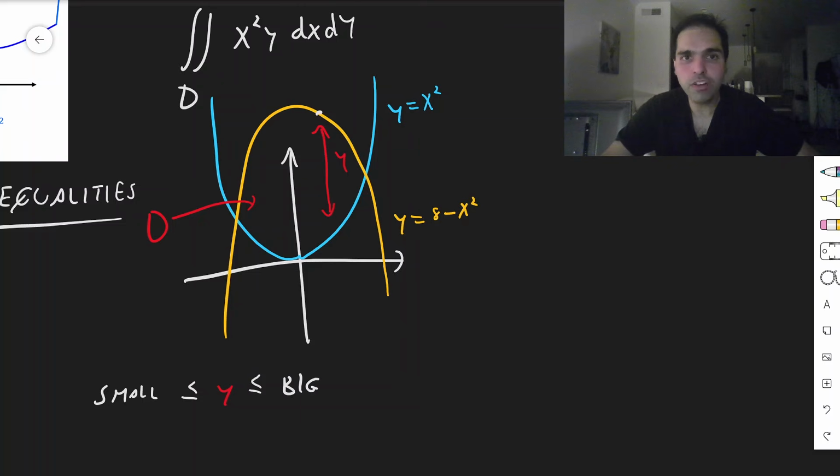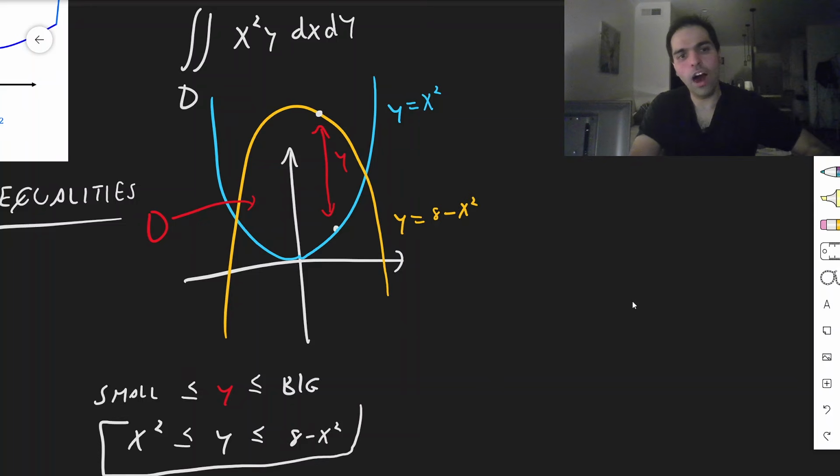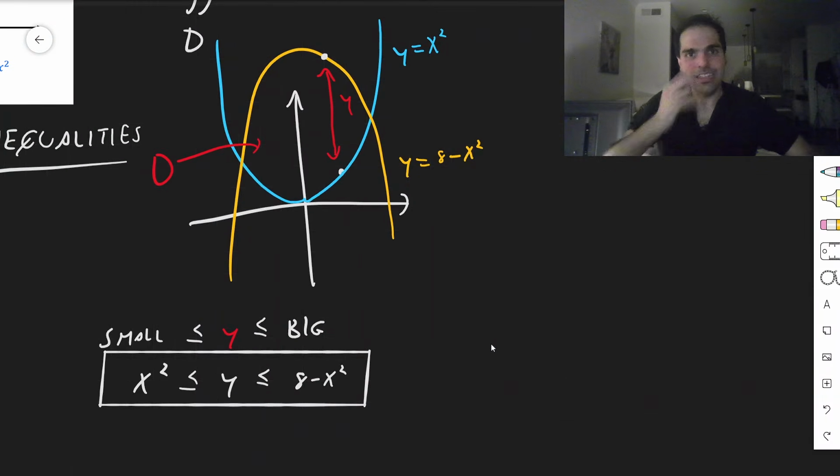So here the bigger function is this orange-yellow function, which is 8 minus x squared. So that's the big function. And the smaller function is the blue function, which is x squared. So already we know that y is between x squared and 8 minus x squared. And now the question is, what about x?